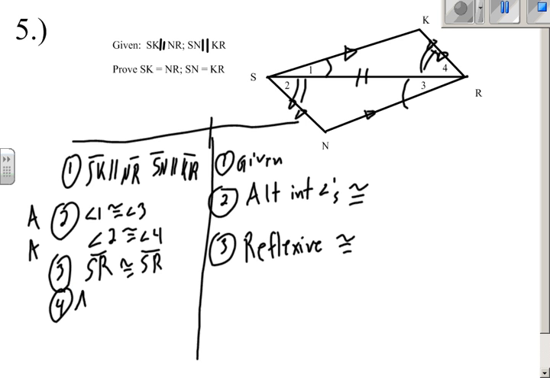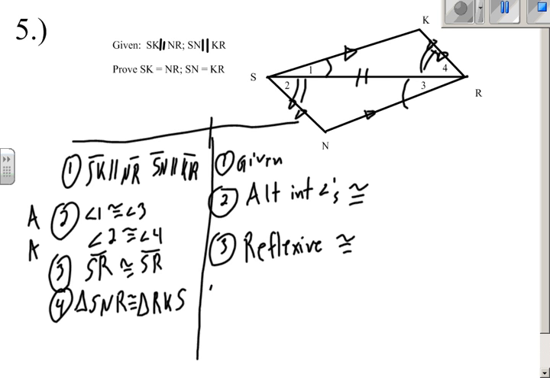Now we have two congruent triangles, so we say triangle SNR is congruent to, now we've got to be careful when naming this one, SNR. Well, angle S on this bottom triangle goes with angle R in this top triangle, right? So it's R, and then angle N goes with angle K, K, S. Don't assume that the S's have to line up, because this triangle up top has a different angle at S than the bottom triangle does.